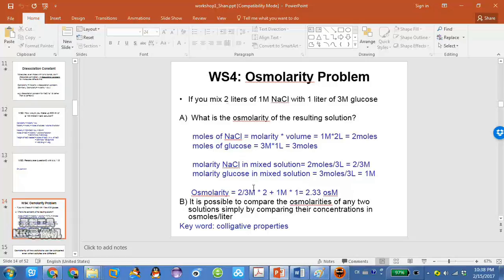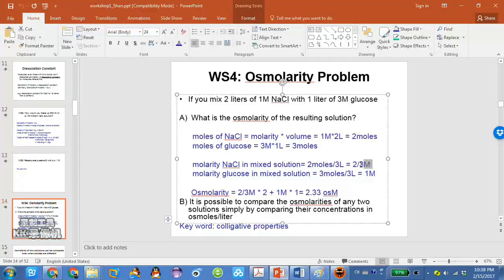So the molarity of NaCl in the resulting solution is going to be 2 moles of NaCl over 3 liters, the total volume of the resulting solution. So in the end, it gives you the new molarity of NaCl in the mixed solution as 2 over 3 molar, 2 over 3 moles per liter. Similarly, you can get the molarity of glucose in the mixed solution, which is 1 molar.